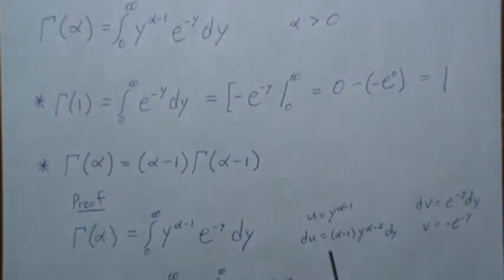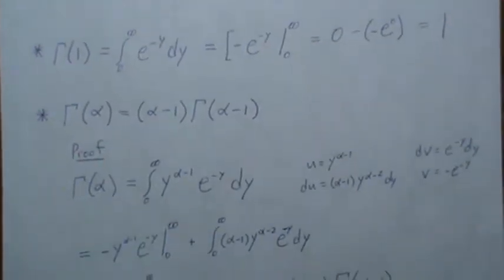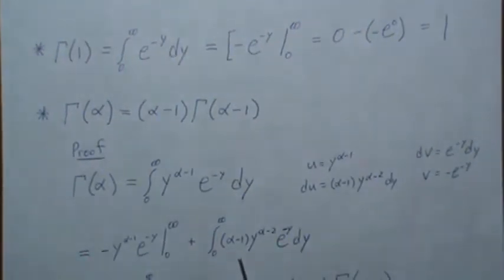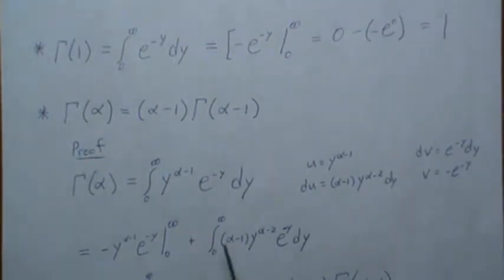Then we calculate du and v, the antiderivative, and we plug them in. So this is uv evaluated at the limits, and then this is v du. So it's really minus this, but that negative comes out and makes it a plus.